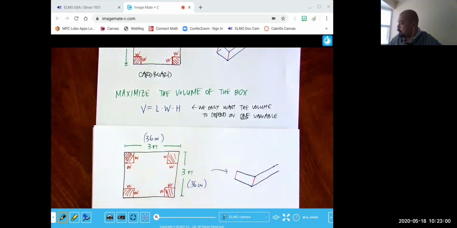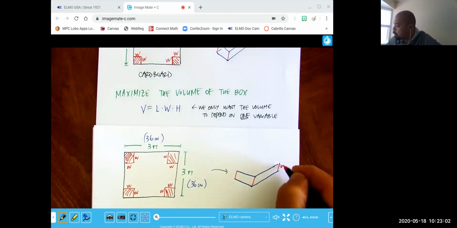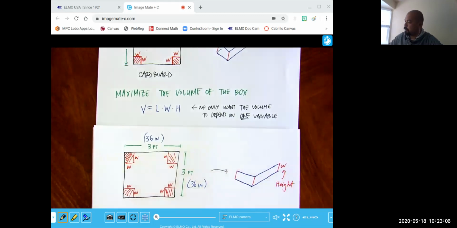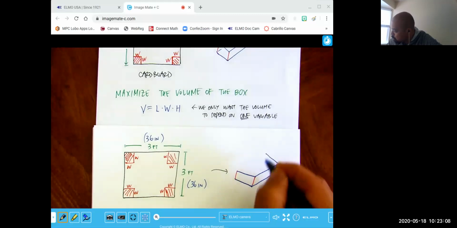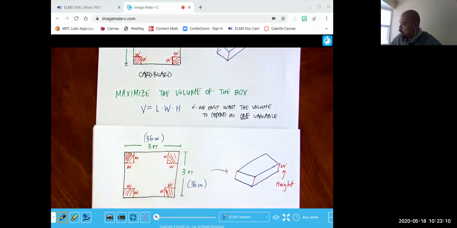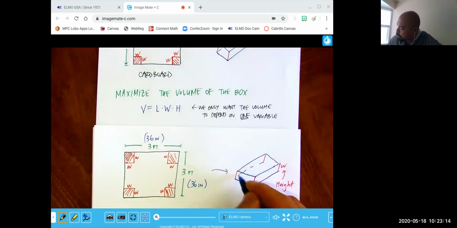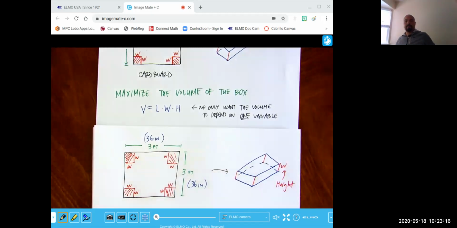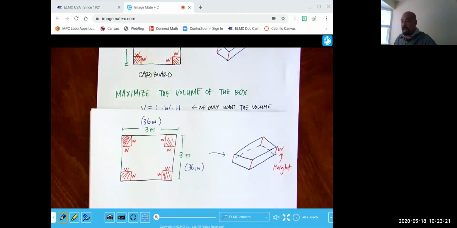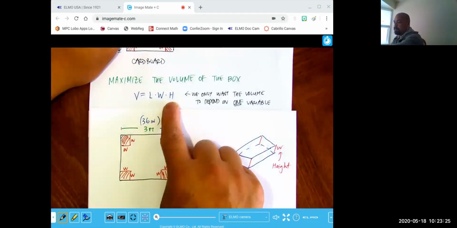I'm not spending all my time drawing here. So that's going to be our height piece of it. Getting back to it, sorry guys. Okay, there we go. So we have our height.